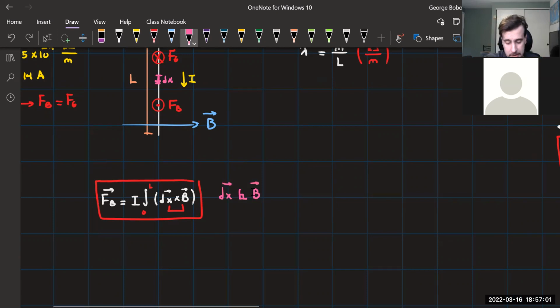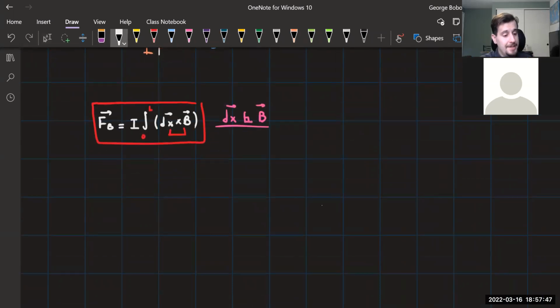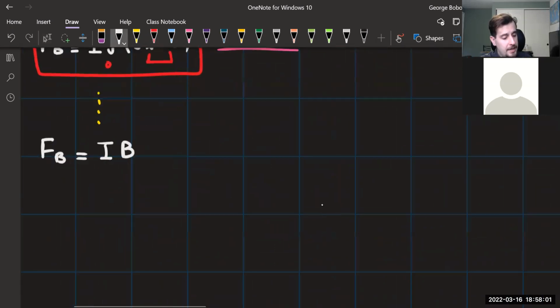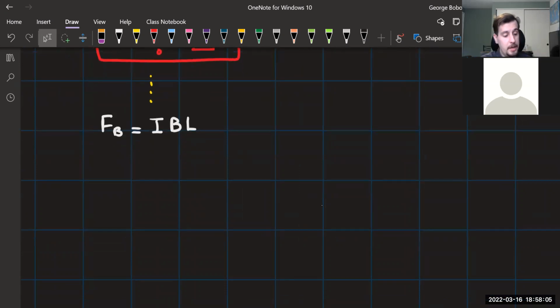Let me just pause one sec right here. So what we have going on over here is that these are perpendicular. So again, this dumbs down to I times B times the length of the wire, as I showed you previously. But I'm not a fan of having the length on the right-hand side.